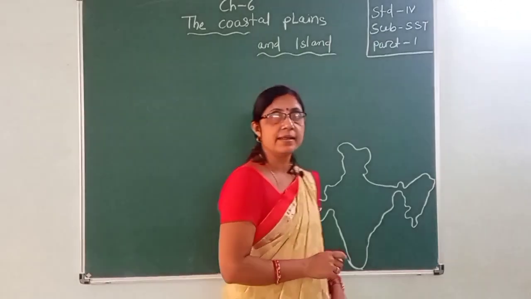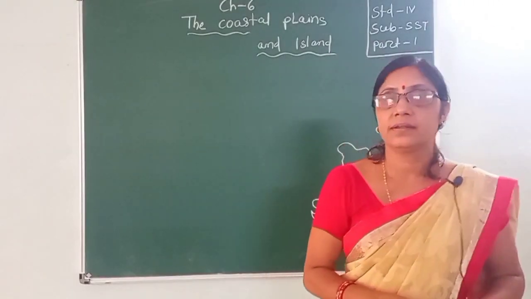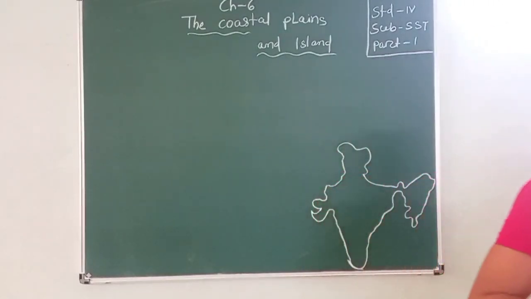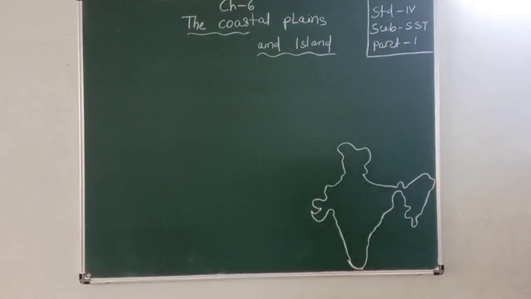The length of the Indian coastline is about 6,000 kilometers.